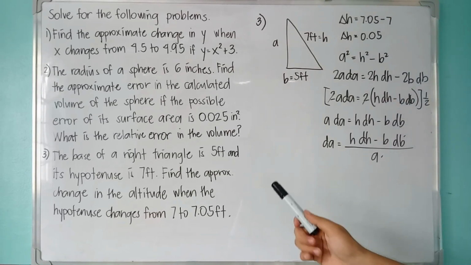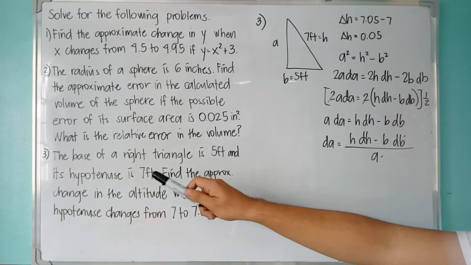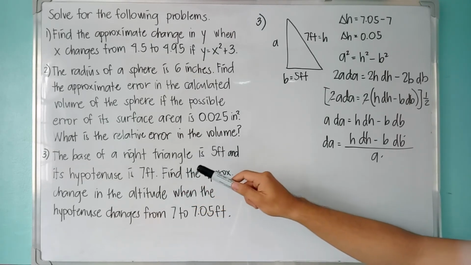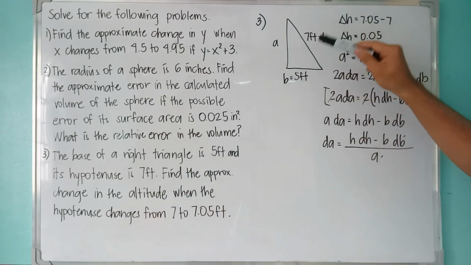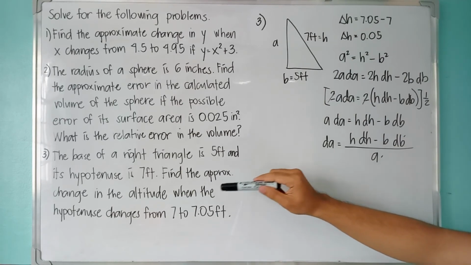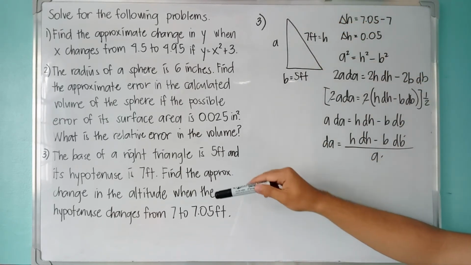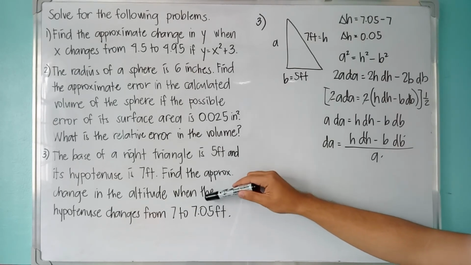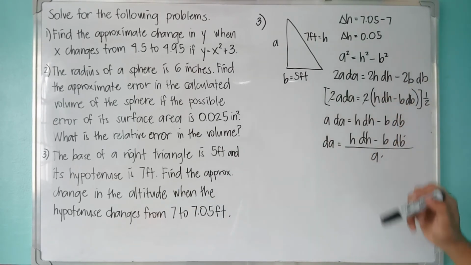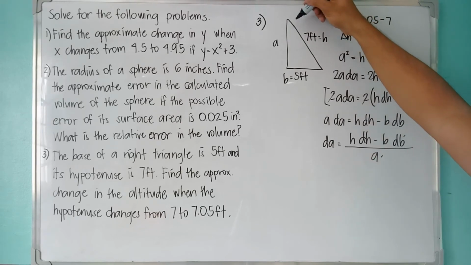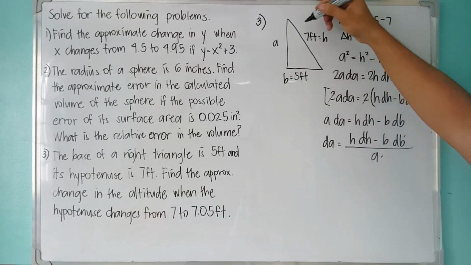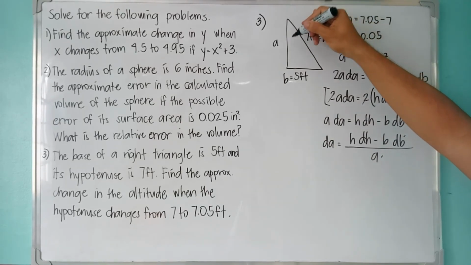So, kung babasahin natin mabuti yung problem, the base of a right triangle is 5 feet and hypotenuse 7 feet. Find the approximate change in the altitude when the hypotenuse changes from 7 to 7.05 feet. So, ang nangyayari sa triangle natin, guys, nagbabago yung hypotenuse niya. Habang umiikli yung hypotenuse niya, nababawasan din yung height.